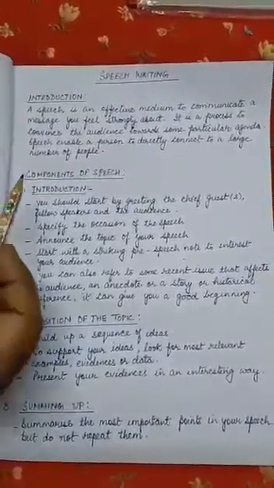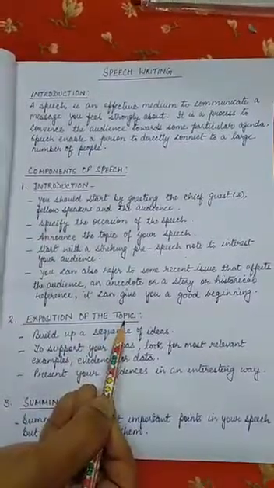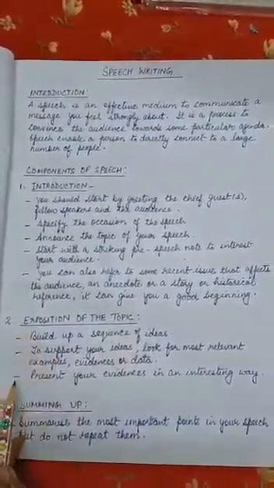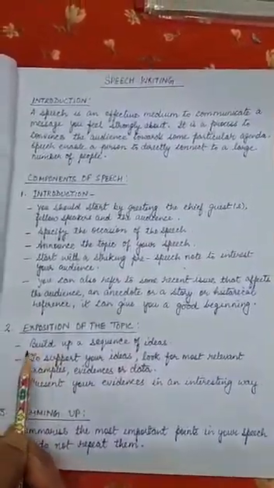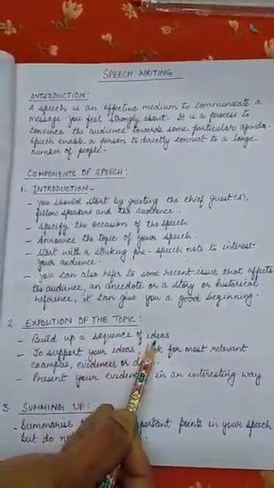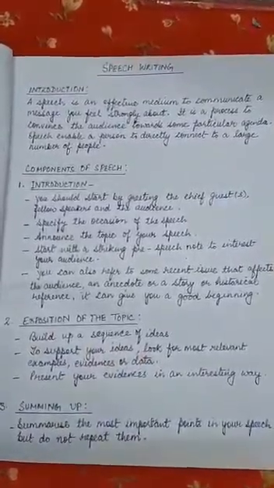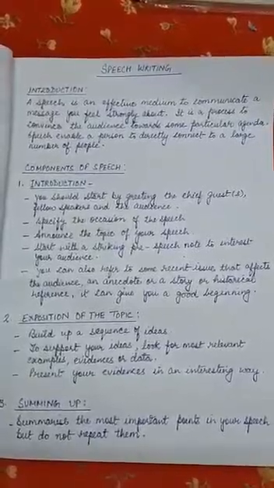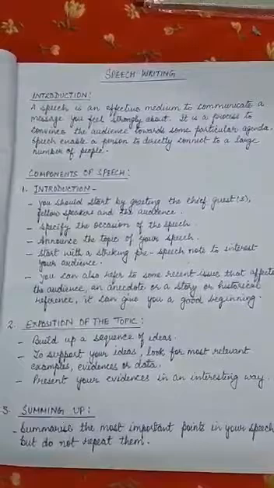Now the next component of speech is the exposition of the topic. Here we have 3 points to be kept in mind while speaking. The first one is to build up a sequence of ideas. It means that a good speech may consist of several paragraphs, but an introductory, explanatory and a concluding paragraph is a must.